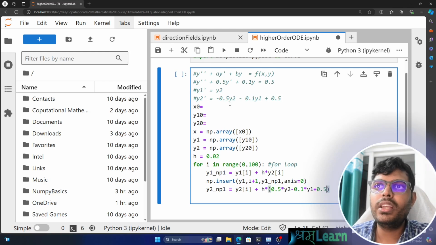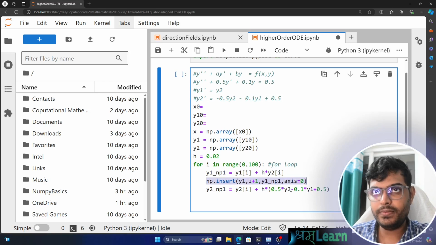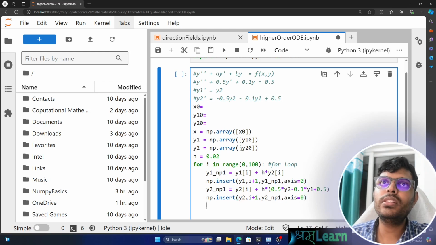Okay, if that is the case, I have to insert the y2 n plus 1 value here, copying the same statement, but our array is now y2 and our value is y2 n plus 1, axis is 0, index is same, right? We also have to append to this array.